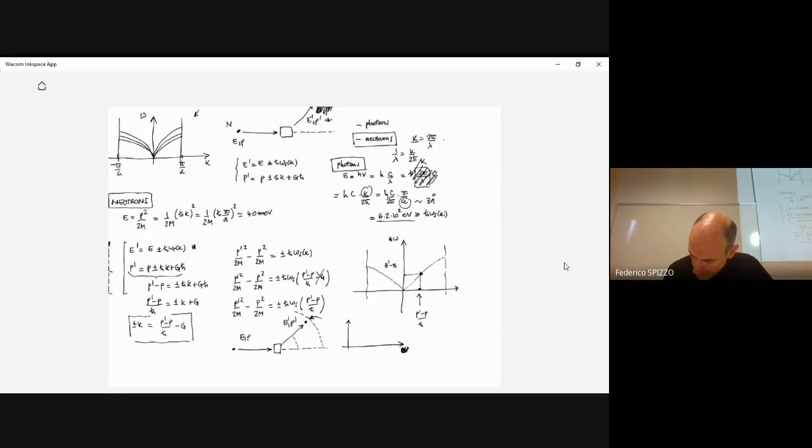I rewrite that, this is E. So if you plot the energy of the neutron after the interaction, and here you plot the number of neutrons that appear for a fixed value of the energy, in case you have different branches, you may have, for instance, different peaks.